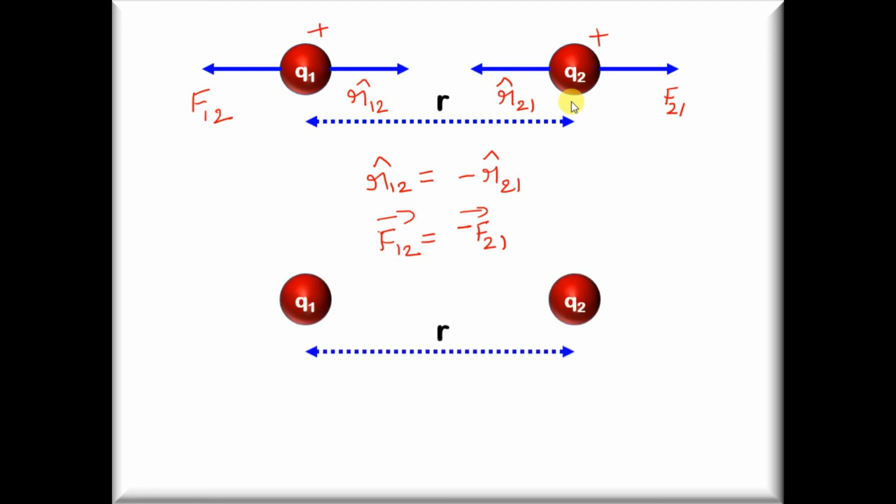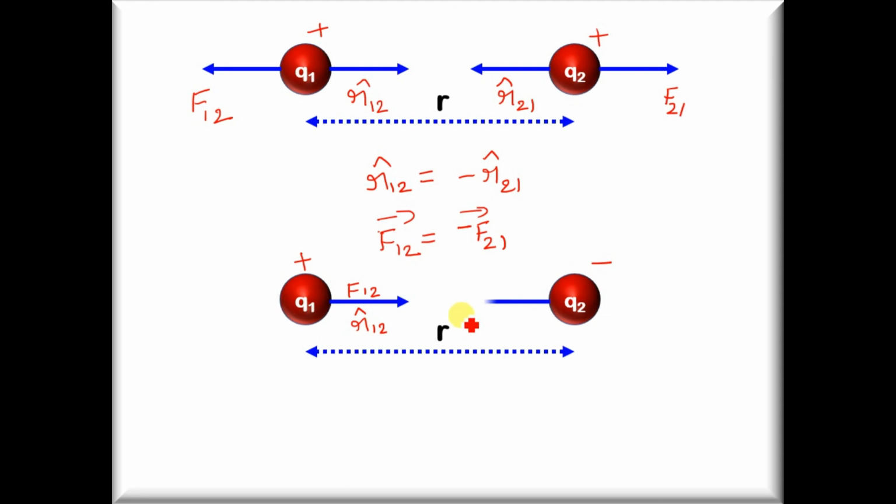In a similar situation, you can explain how the forces are directed when both are different charges. That means your Q1 is positive, now your Q2 is negative. That means you are having one positive and one negative, so you will have an attractive force between these two charges. Now the force acting on Q1 due to Q2 is in this direction because it is an attractive force, your F12, and the corresponding unit vector will also be in this direction.